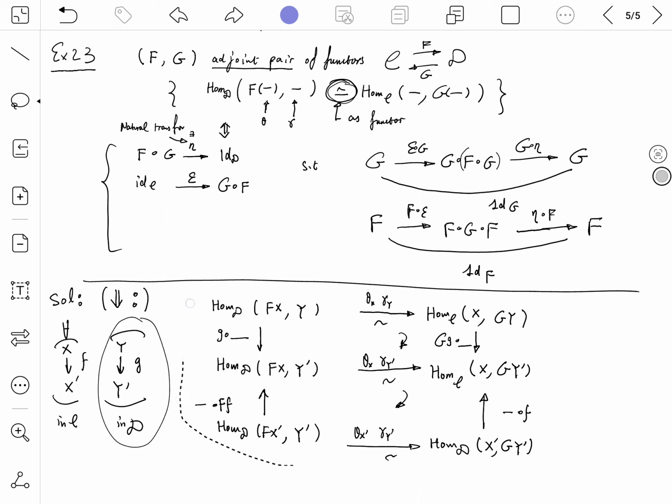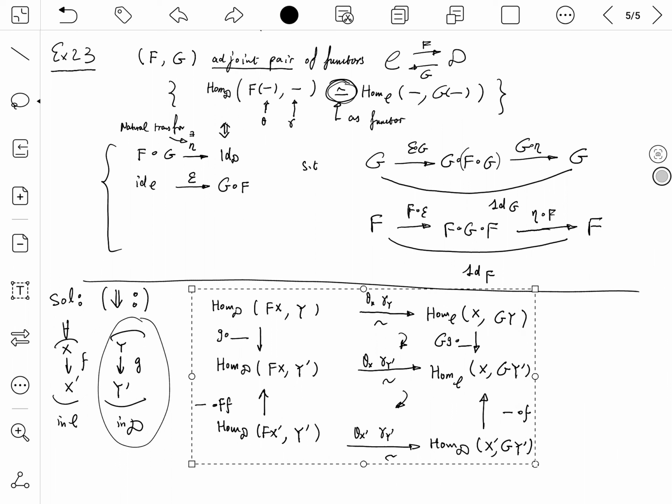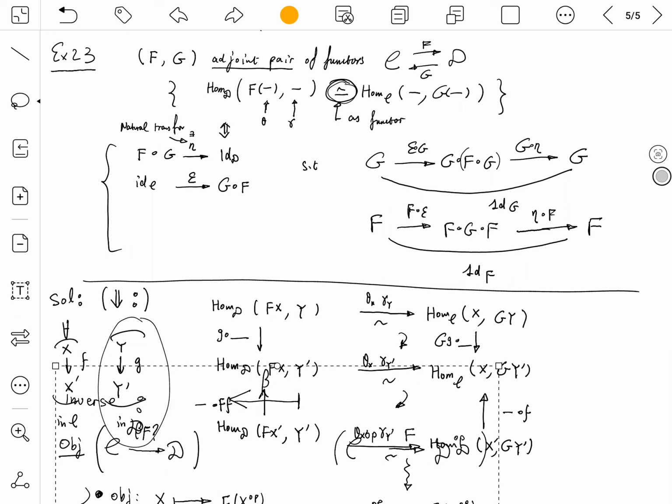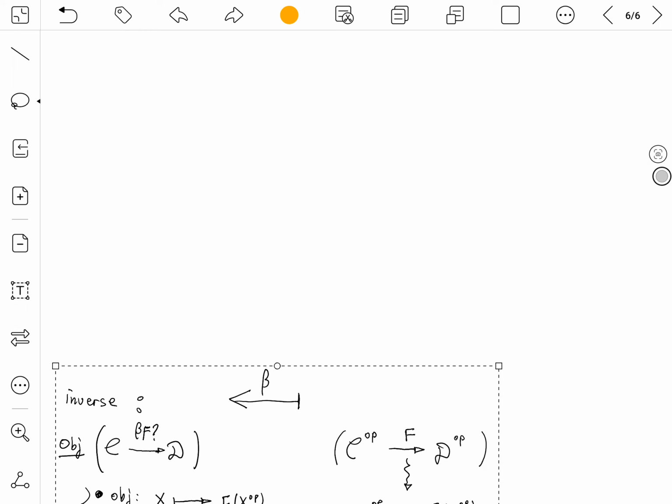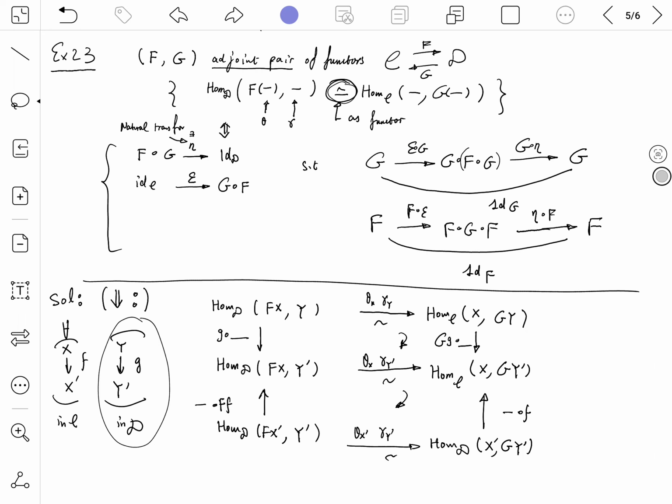So let me make a copy of this. What we do is take special x and y so that we get some bijection.